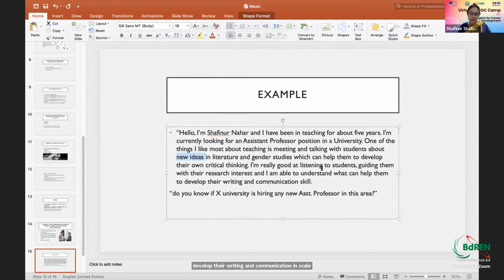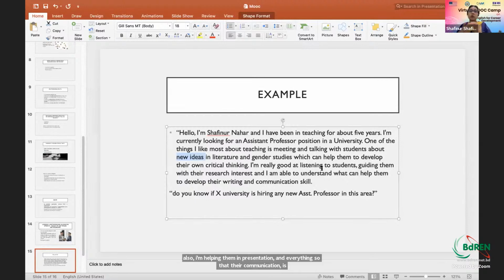As I'm from a literature background, it's mostly about reading and writing. And when you are very good at reading and writing, that means you will also develop your writing style, and I'm also helping them in presentation and everything so that their communication skill is developed.